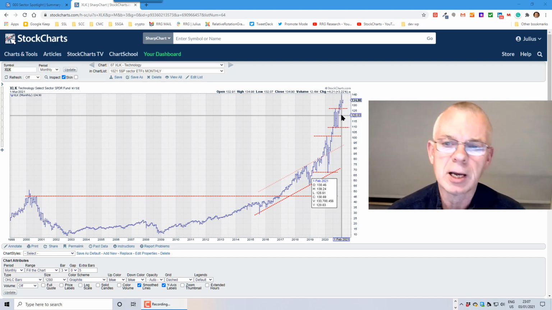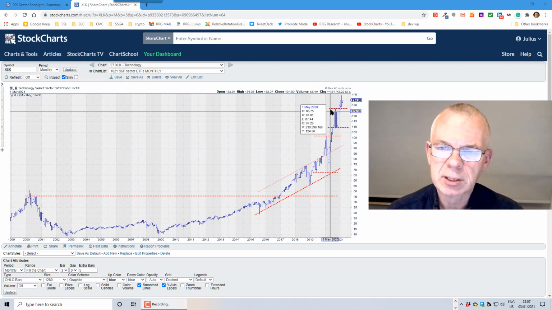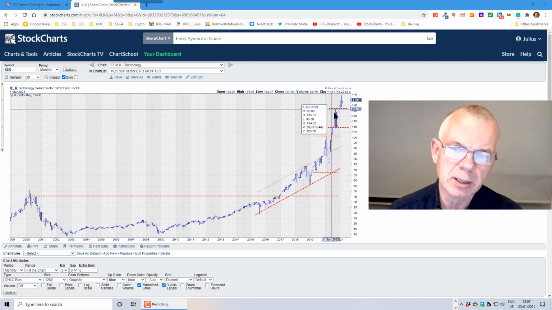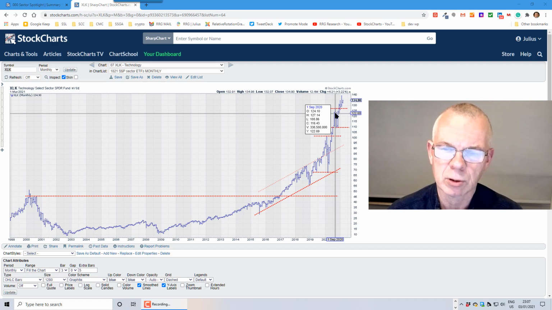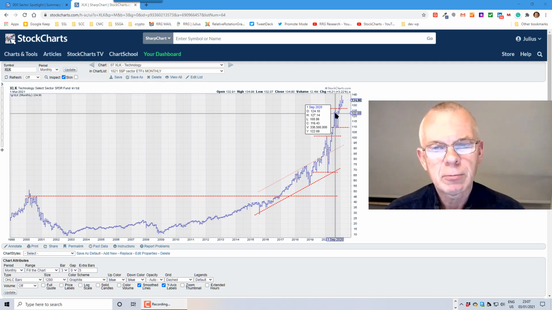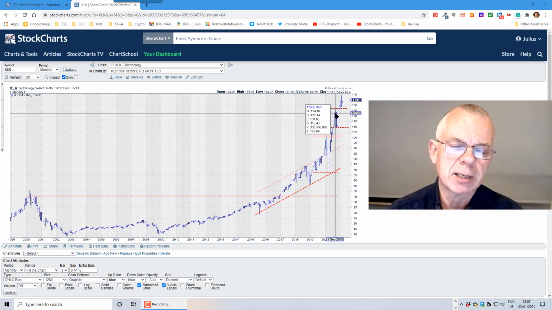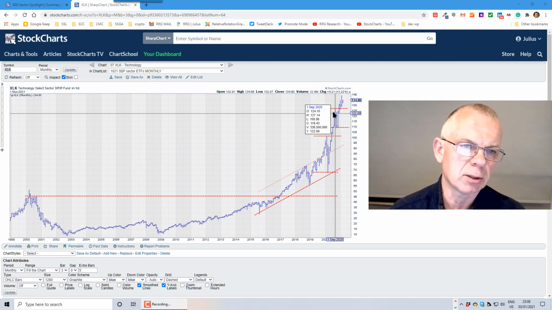So a new high and a new closing high for tech. That's a bullish thing. We're still above its previous monthly high, that peak that we saw in September. So all in all, the long-term trend for technology is still bullish. We do have some signs of weakness showing up on relative strength and on the weekly chart, but within the longer term time frame, things are still looking pretty good.